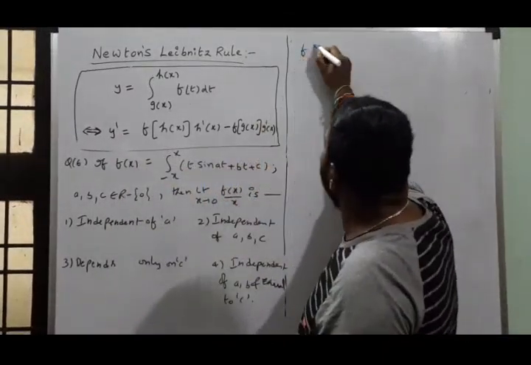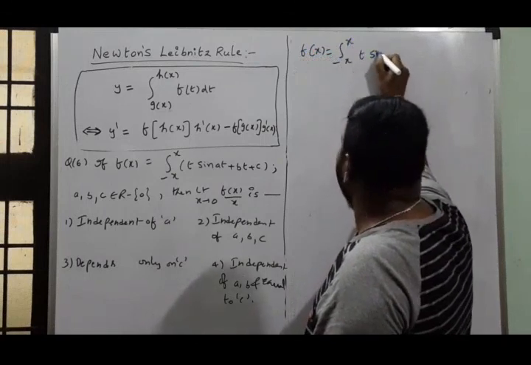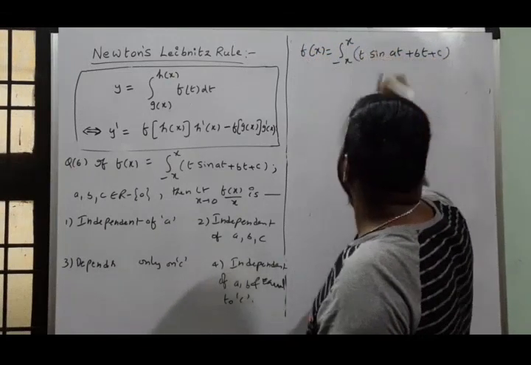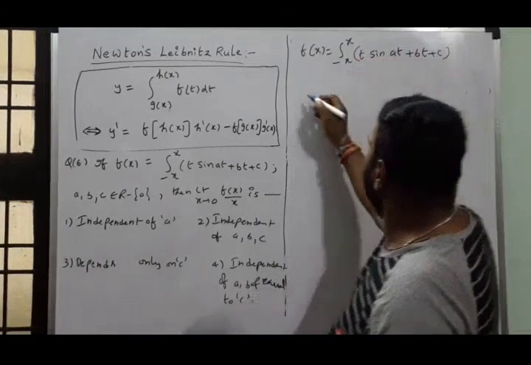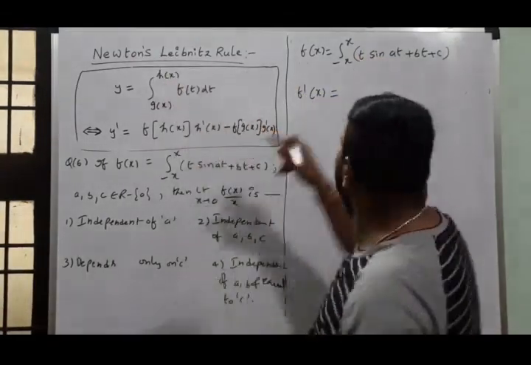So f of x is equal to integral from minus x to x of t sin at plus bt plus c. Now differentiating on both sides, f dash x is equal, use the Newton-Leibniz rule.